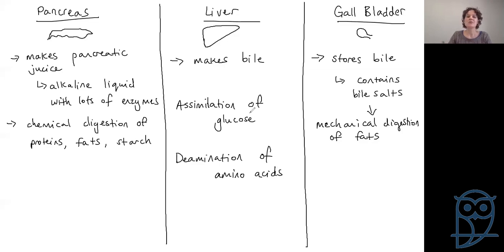So when we're talking about the digestive system, we're talking more about bile and glucose assimilation for the liver. So pancreatic juice and bile, both of these have to get into our main alimentary canal, and they do that in the duodenum. Duodenum is part of your small intestine. So let us move on to the small intestine.